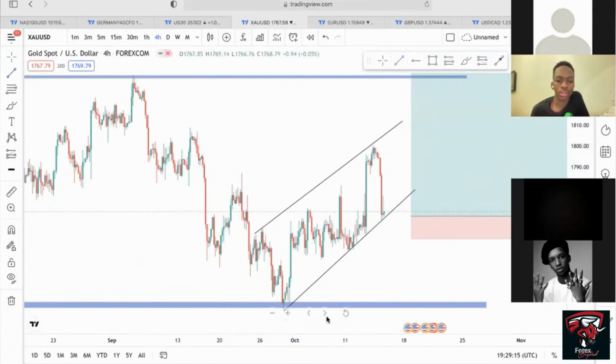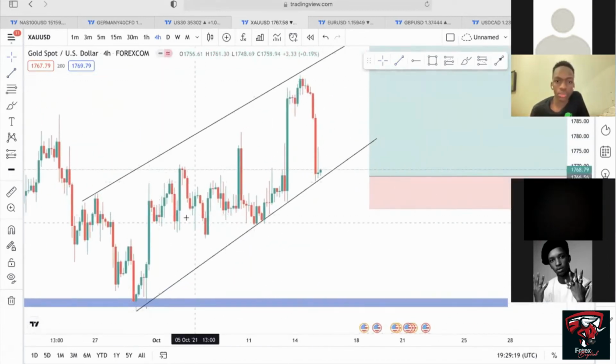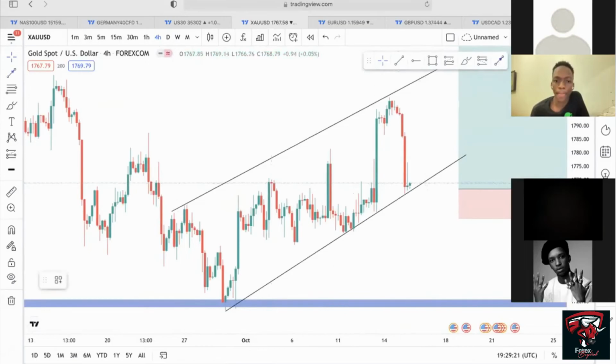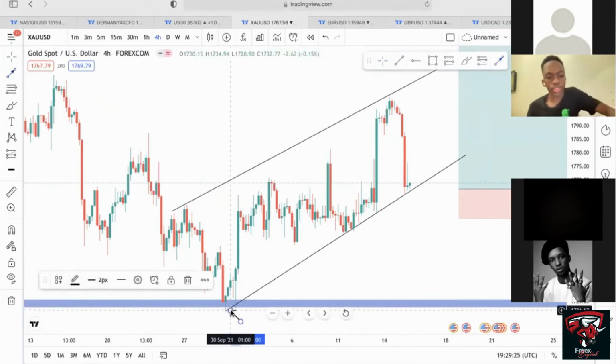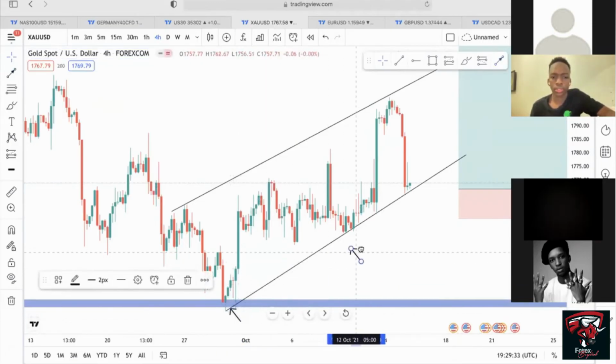There we go. Simple channel on gold. 1, 2. Let me just put in my arrows. Sorry. Wait, this thing requires two hands. One second. There you go.